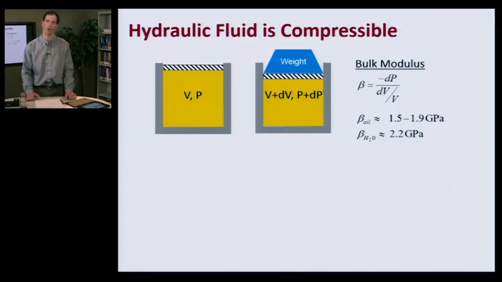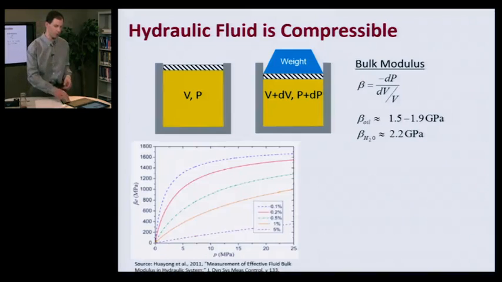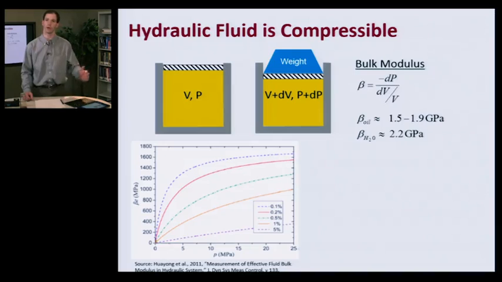Typically hydraulic oils are 1.5 to 1.9 gigapascals. Water is typically about 2.2 gigapascals. And again, this changes greatly with the amount of entrained air. It's also a function of pressure. To give you a feeling of what that looks like, here's a plot of the bulk modulus as a function of pressure on the x-axis, and the different curves are for different amounts of entrained air.